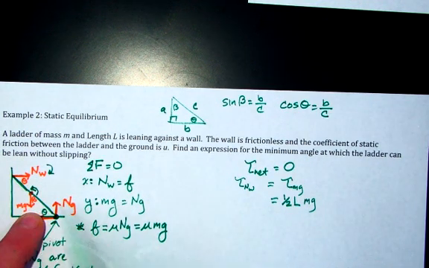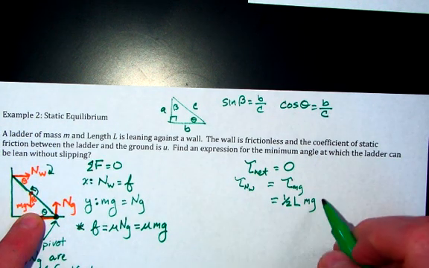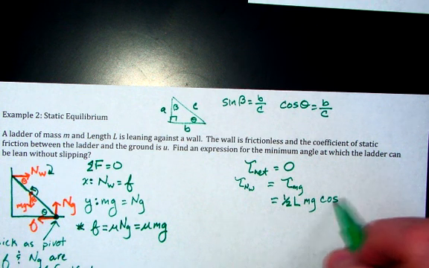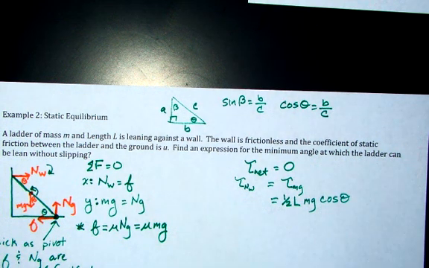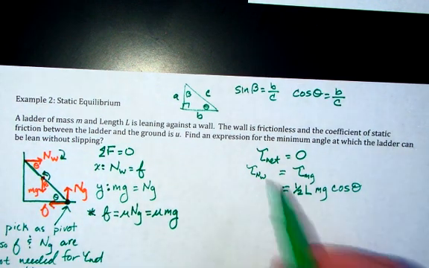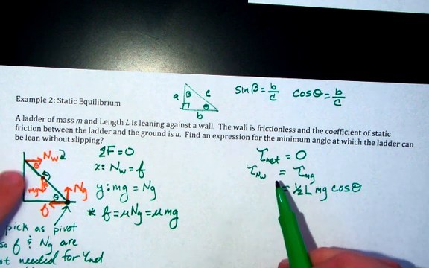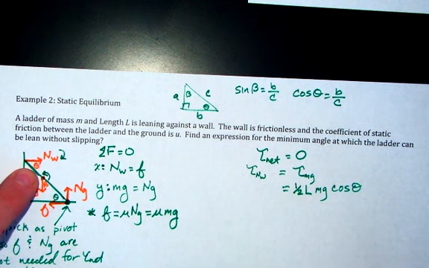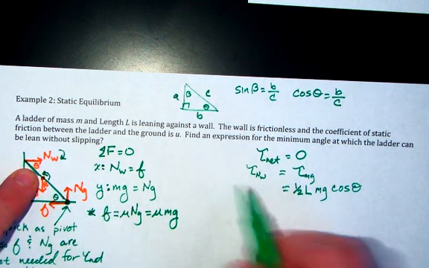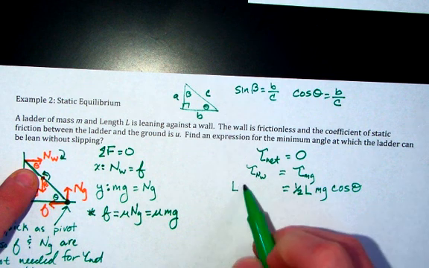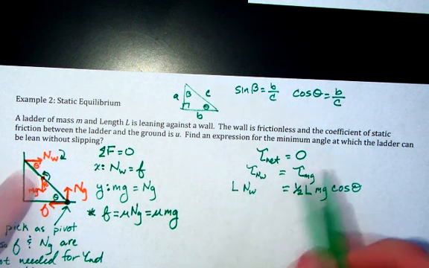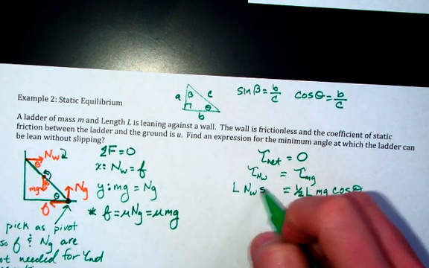But because I'm trying to solve for theta, instead I'm going to put cosine of theta, since cosine of theta is sine of beta, where beta is the angle from the radial distance. So that's a little bit of trig review for you guys. Coming back to this one, this is much easier because it's already in terms of theta. It's the total length of the ladder, so I have the length of the ladder times the normal force from the wall times the sine of theta.